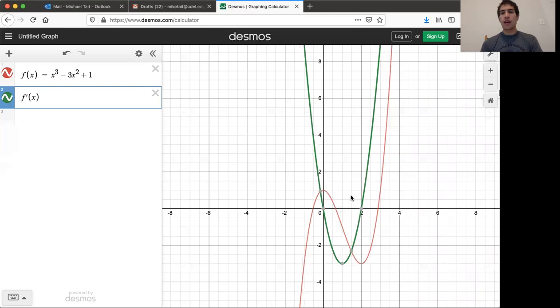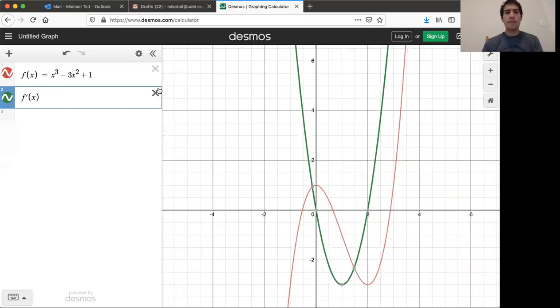Another thing that you can think about is not just whether the derivative is positive or negative, but how large it is, right? So down here close to 0, a little bit less than 0, the derivative is positive, but it's not very positive, right? So it's just a little bit above 0. And what does that mean? That means the slope of the original function is positive, but it's not very large.